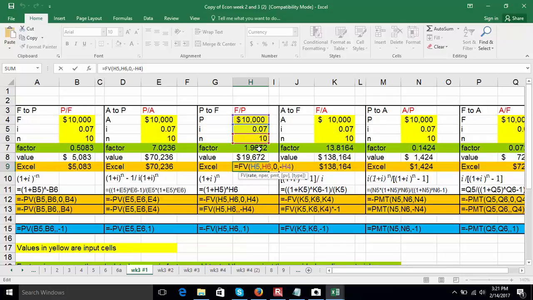The next thing it wants is the number of periods, N per, 10. Then payments. Let's take a look at payments. Payments just means that you're not paying out, nothing's coming out, there are no payments. And then PV is whatever the present value is.